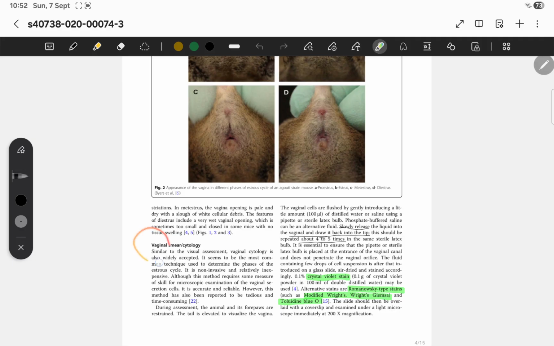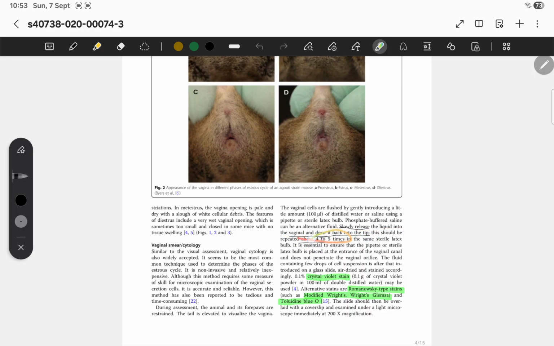The second is making a smear. In a pipette, saline is used, and the liquid is slowly released into the vagina and drawn back into the tip.